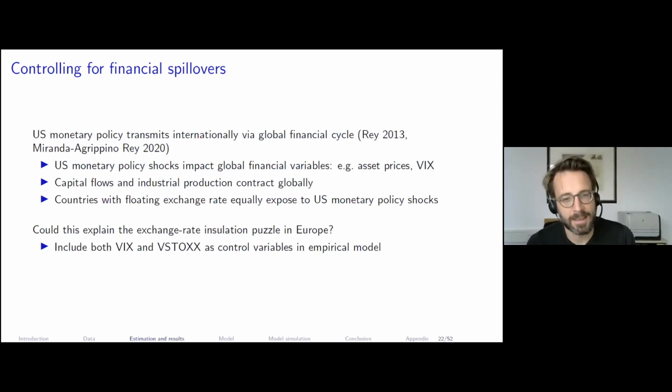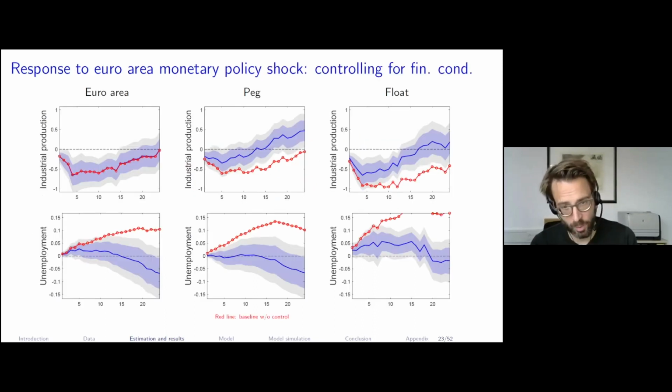So we didn't expect this to matter much, but still we thought, okay, it's worthwhile to include the VIX and the V stocks as controls in our empirical model, and it's straightforward to do, and this is what we get. The blue responses are what we get once we include these controls, and by way of comparison, I include the red line as what I showed you before, just to see that it makes a difference. So including these financial variables as controls reduces the spillovers quite a bit.